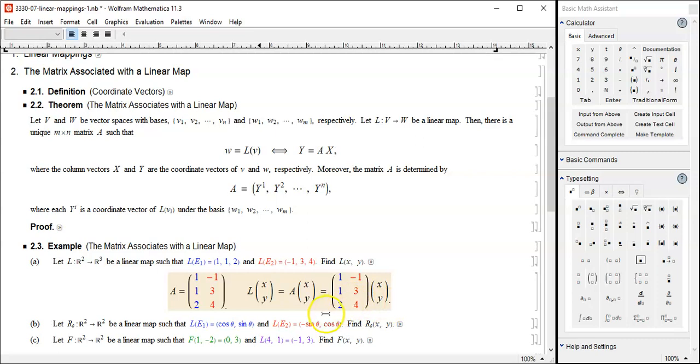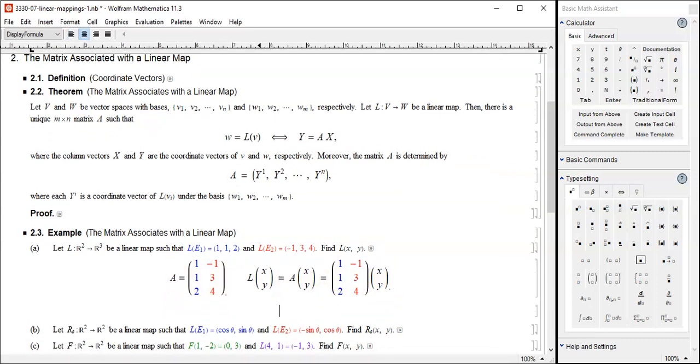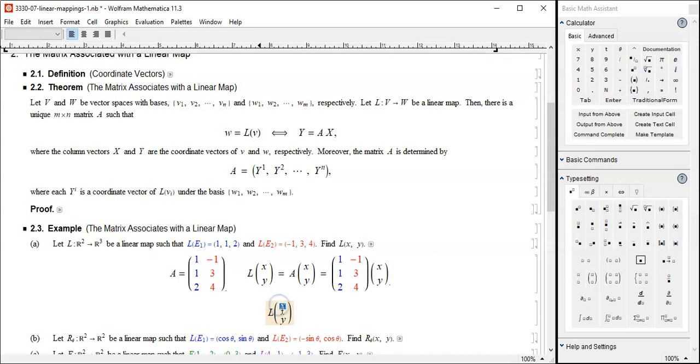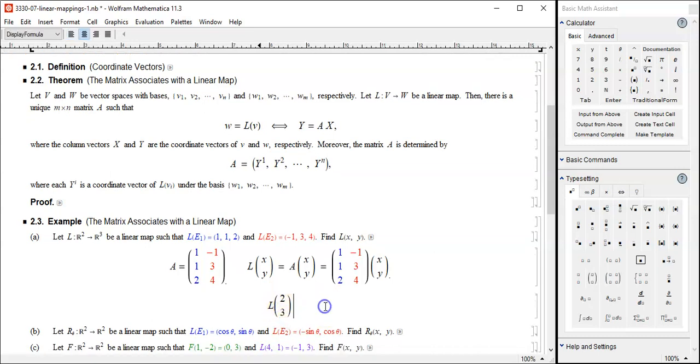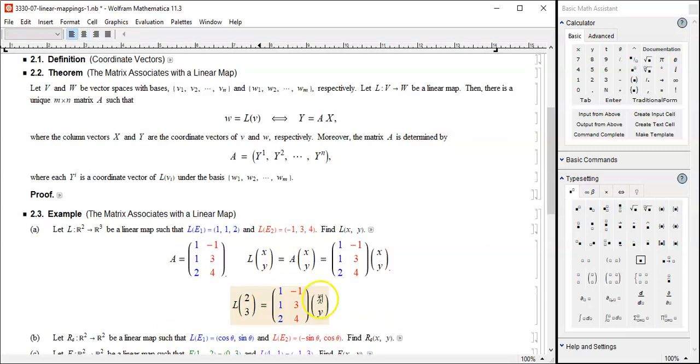So if we want to find out, say for example, L of 2, 3, okay, 2, 3 is as good as any. If I want this, then all I have to do is to calculate that matrix computation, 2, 3. And let's do this matrix computation.